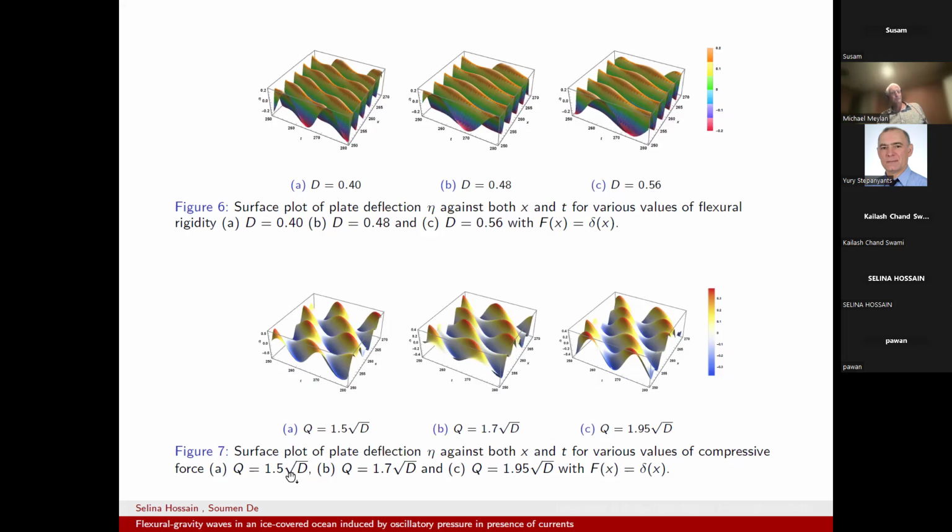Figure 7 shows the surface plot of plate deflection eta, which is plotted against both x and t for various values of compressive forces. It is observed from the figure that as q increases, the wave amplitude decreases. Also, the wave oscillates more rapidly for higher values of q.